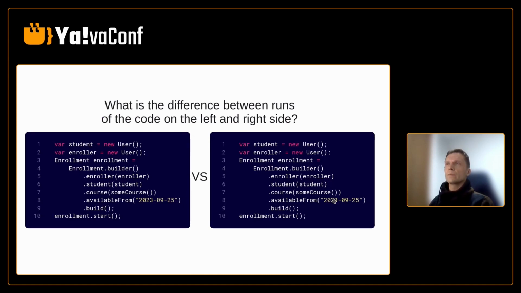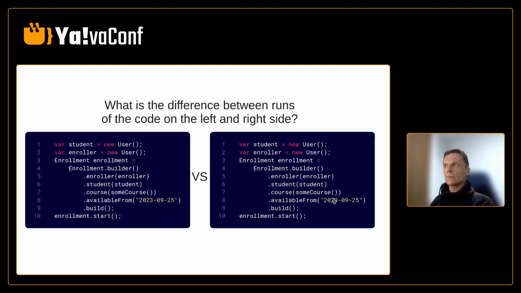Now the quiz. So tell me, what is the difference between runs of the code on the left and on the right side? Runs, I'm not saying whether the code is identical. So obviously you can't answer me directly, so I will spill the beans here. The code is identical. However, there is a difference between runs of the code on the left and the right.